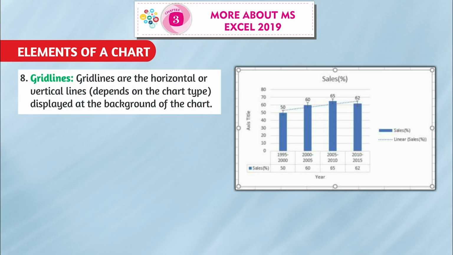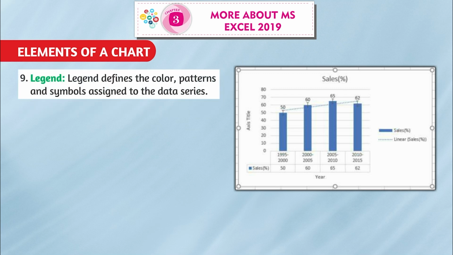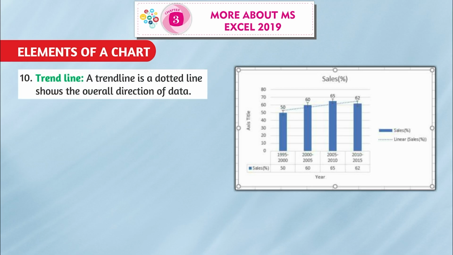Grid lines are the horizontal or vertical lines, depending on the chart type, displayed at the background of the chart. 9. Legend. Legend defines the color, patterns and symbols assigned to the data series. 10. Trend Line. A trend line is a dotted line that shows the overall direction of data.